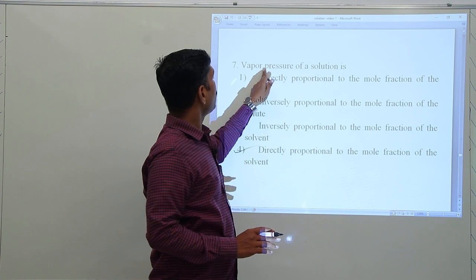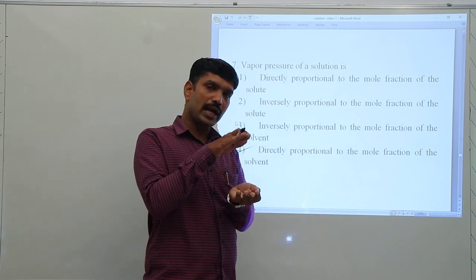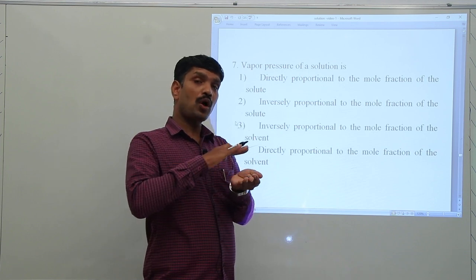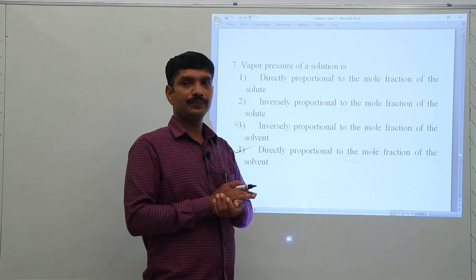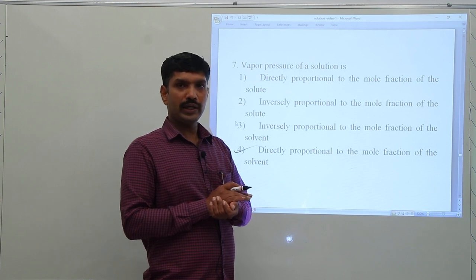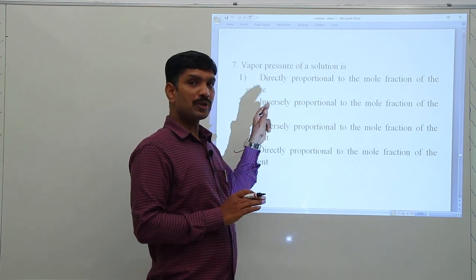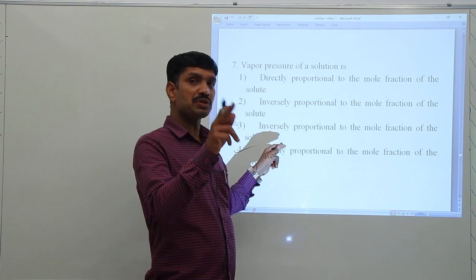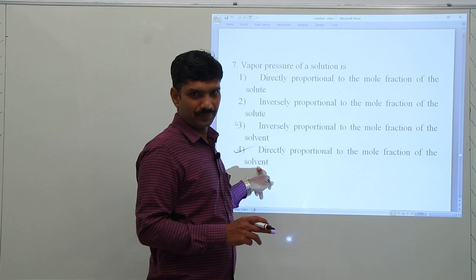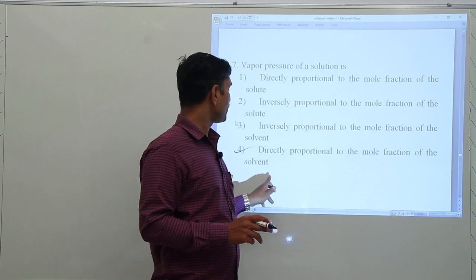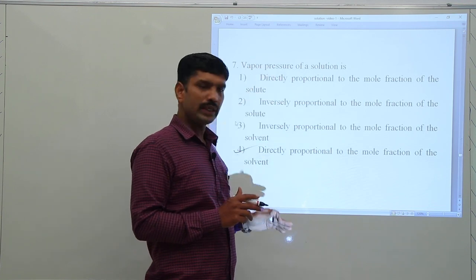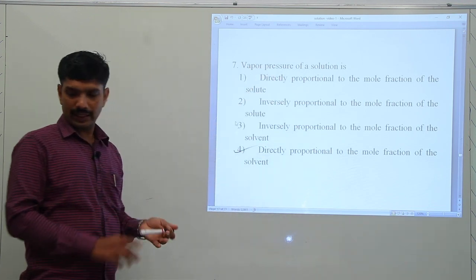Because when a non-volatile solute is added to the solvent, the non-volatile solute occupies the surface of the solution. In such a case, the vapor pressure of the solution is directly proportional to the mole fraction of the solvent. When the mole fraction of the solvent increases, the vapor pressure of the solution also increases. So the fourth one is correct here.